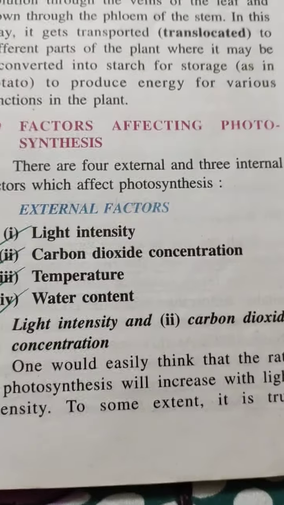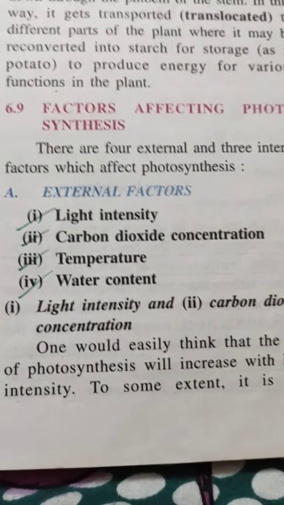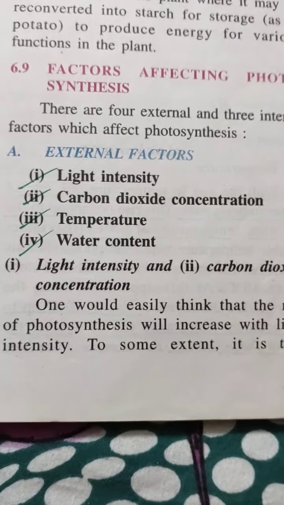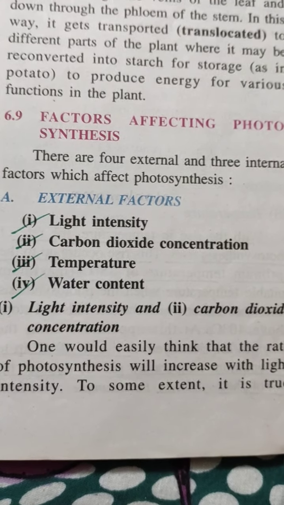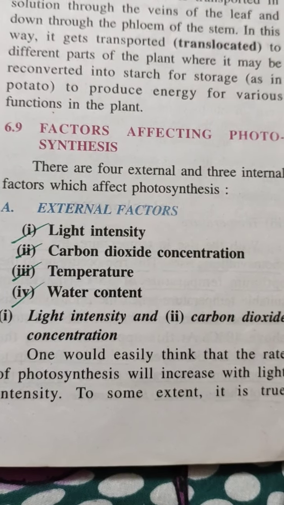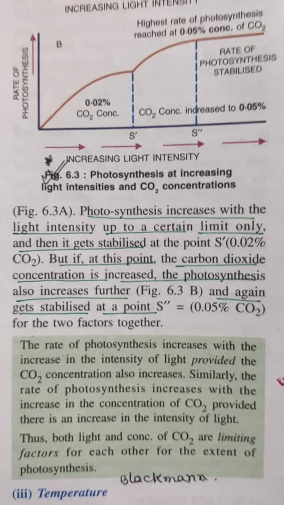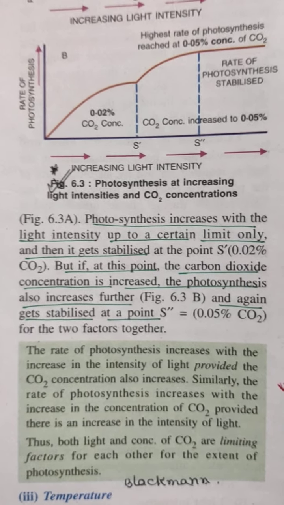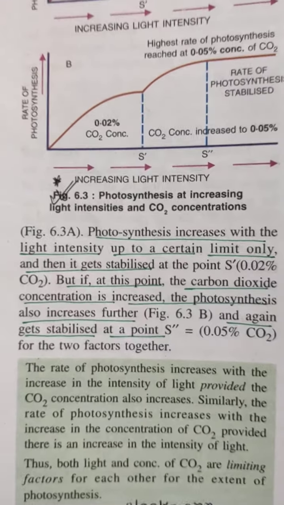One would easily think that the rate of photosynthesis will increase with light intensity. To some extent it is true because we all know that light is the main factor. So we all will hope that if the light is increasing, the rate of photosynthesis is increasing. To some extent it is true, but photosynthesis increases with the light intensity up to a certain limit only, and then it gets stabilized at that point.